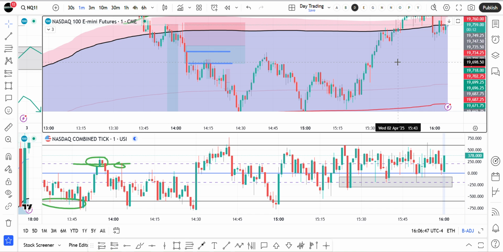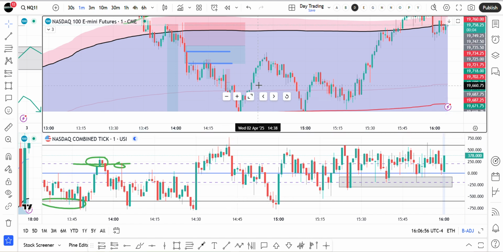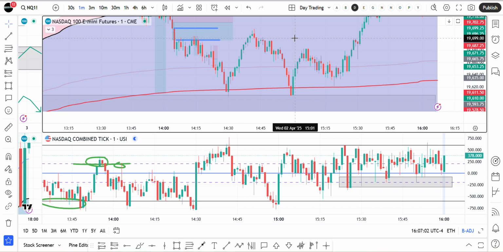Just because after the extreme gets hit, you get these kind of big moves down. Like here, for instance, 42. That extreme was hit, and then you have this big move down.